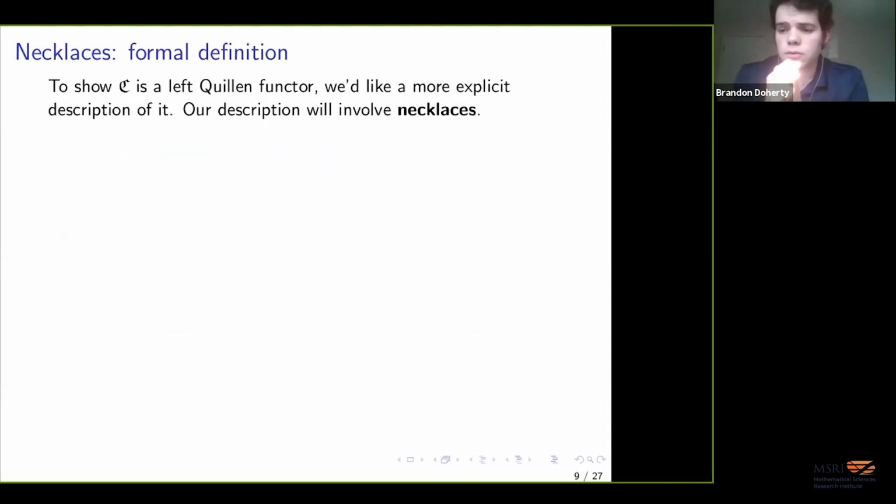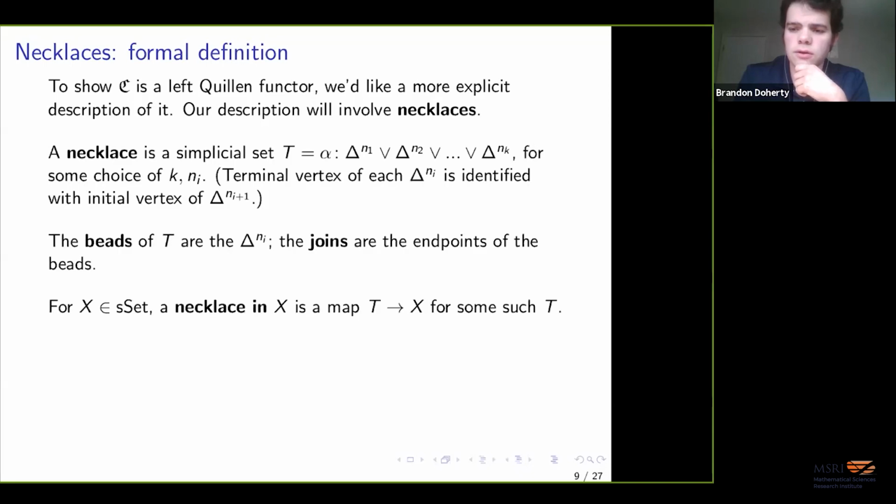Right, so in order to show that C is a left Quillen functor, we construct an explicit description of it, which involves necklaces in simplicial sets. So I'll define the basic terminology of those. We say that a necklace in general is a simplicial set, which we write as a wedge product of standard simplices.